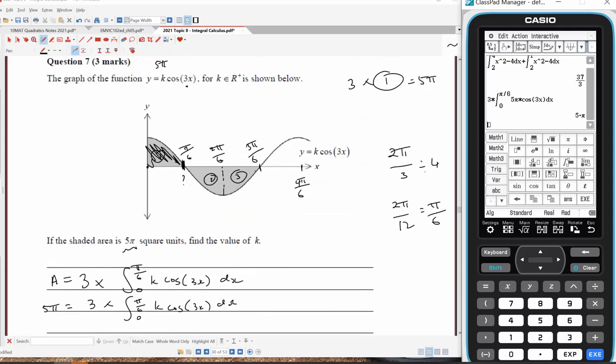Now again, really important to note that if I actually do an integral between this value here and this, so this is 3 pi on 6 or pi on 2, you might think, why don't you just do that, Mr. Miller? Why are you messing around with this part in 3 lots? So I'll just go from there to there.